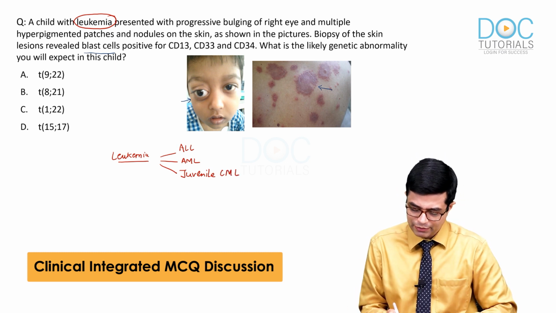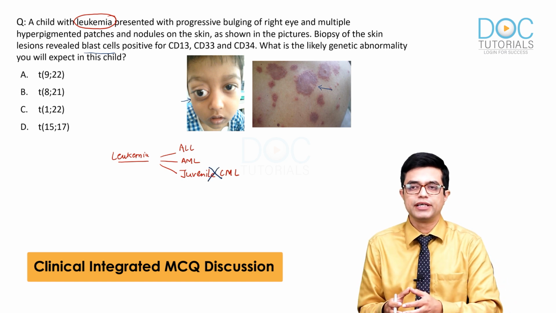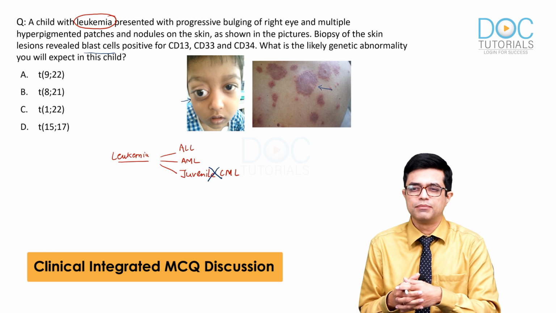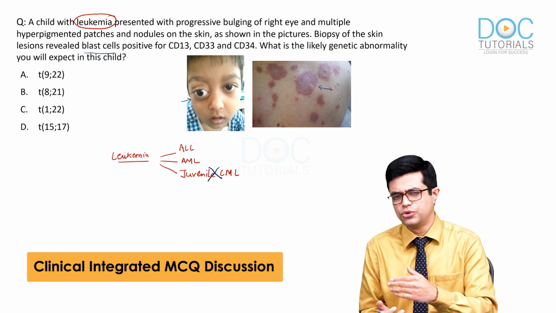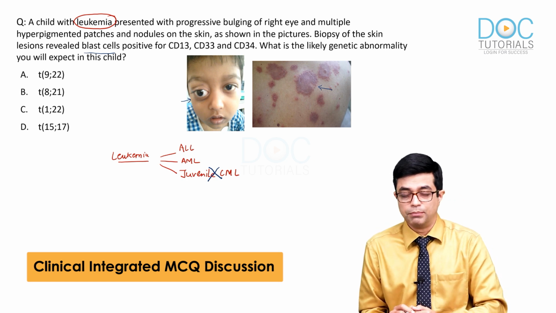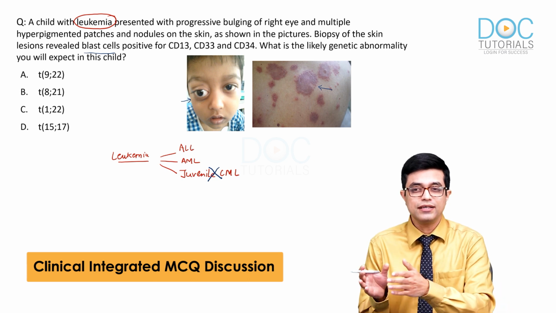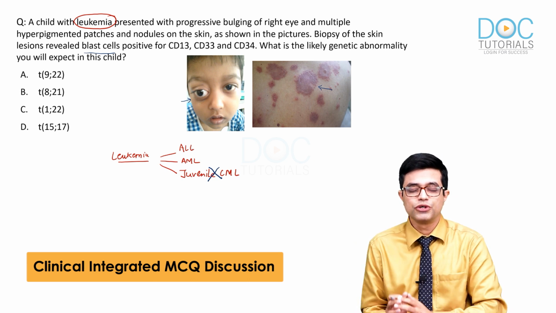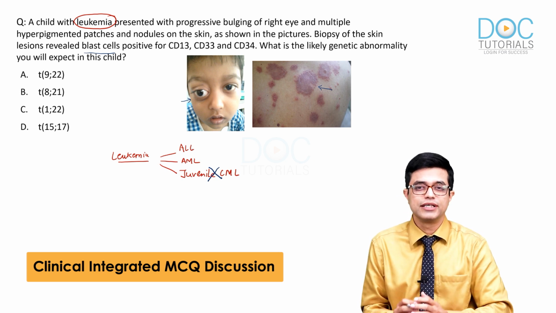Juvenile CML can easily be ruled out because it is an aggressive, very rare tumor, presents at less than 5 years of age, and does not have these manifestations usually associated with neurofibromatosis. ALL is more common, but ALL is not associated with any skin localized deposits of tumor cells or any orbital proptosis or such conditions.